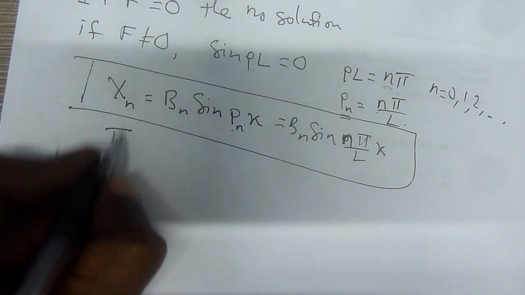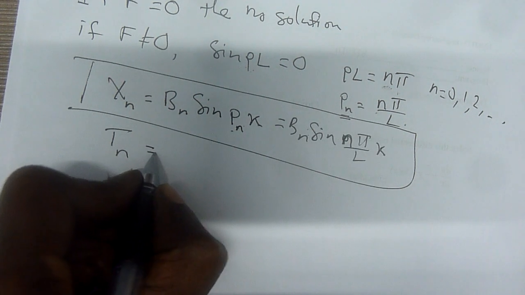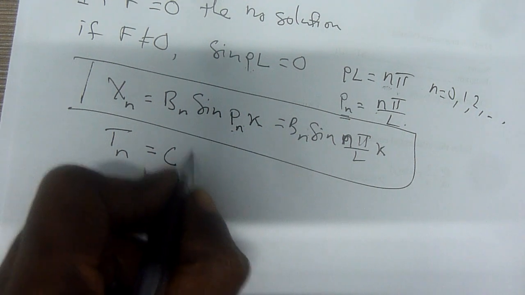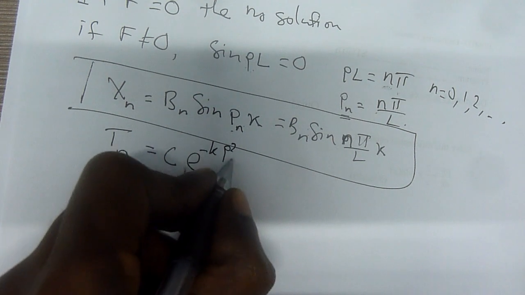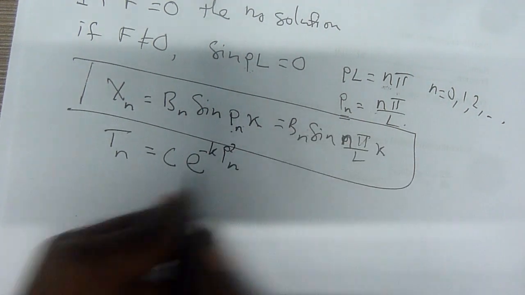Again, since n is controlling the Pn here, therefore Tn becomes C, maybe I call it C here, e to the negative k Pn squared t. We use Pn; later we can convert Pn to this.